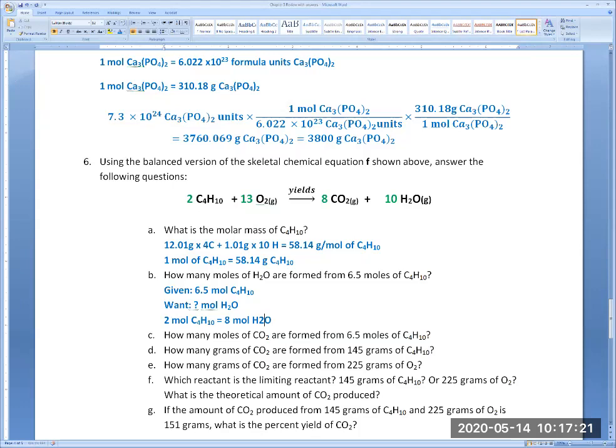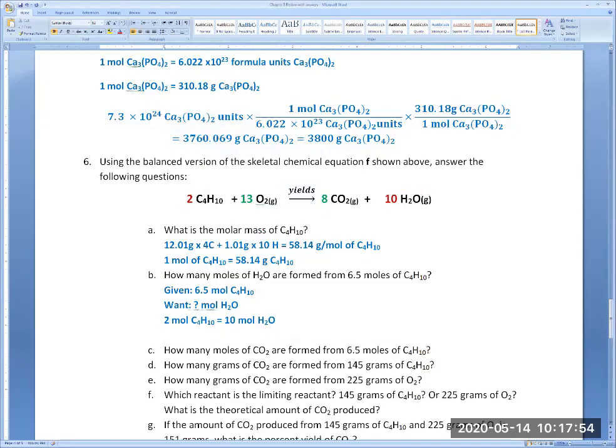And we get this from the chemical equation. Maybe I'll put them in red to really emphasize where this is coming from. Oops, it's not 8, it's 10, sorry. We're focusing on the 2 molecules that are talked about in the question here, C4H10 and H2O. So it's 2 moles of C4H10 gives 10 moles of H2O.